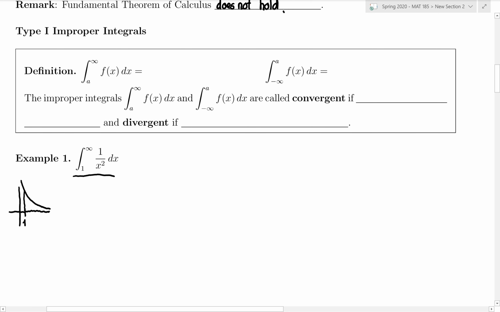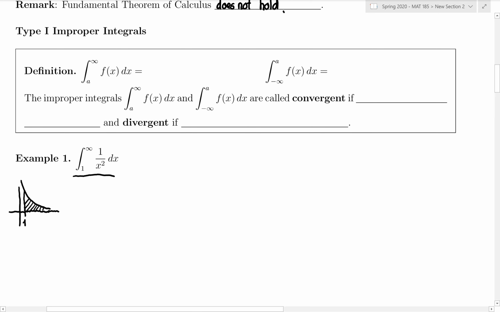So what is this integral really asking us? It's asking us, what is the area under the curve of 1 over x squared for all x bigger than or equal to 1? What happens to this area as x gets larger and larger?